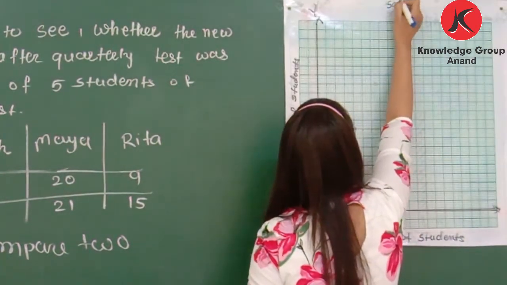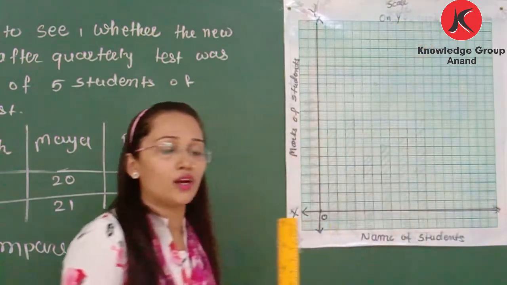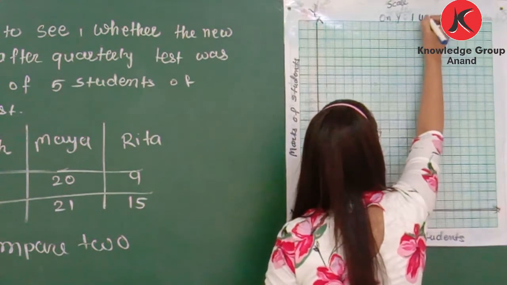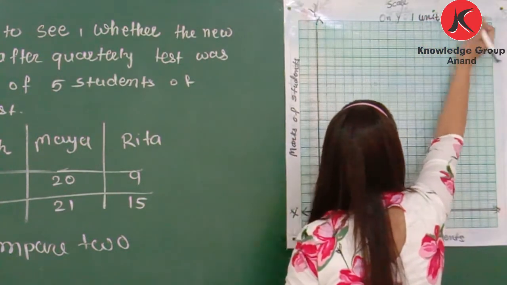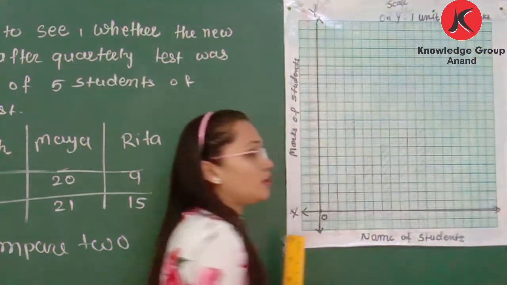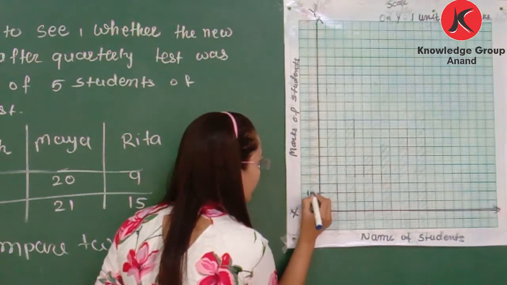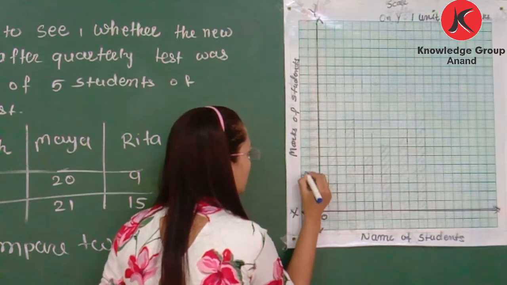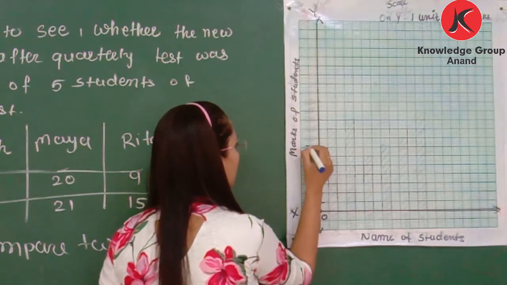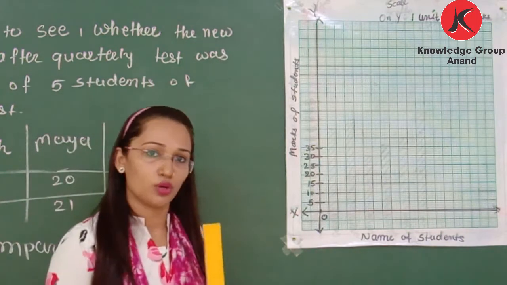Here I select the scale on the y-axis because on the x-axis we are going to represent names only. So on the y-axis 1 unit, or you can write 1 centimeter, is equal to 5 marks. Okay. So here 0, first line is 5, then 10, 15, 20, 25, 30, 35. So we leave up to this because the largest number is 21.